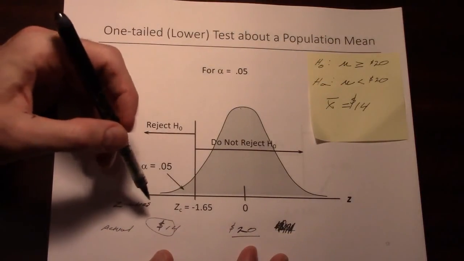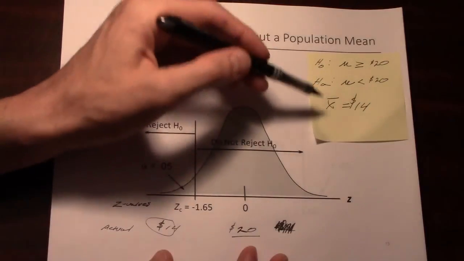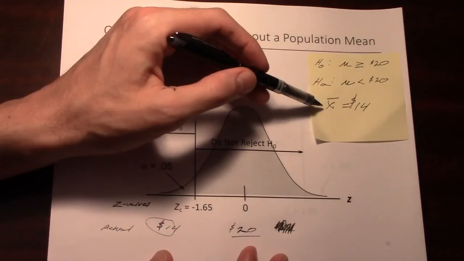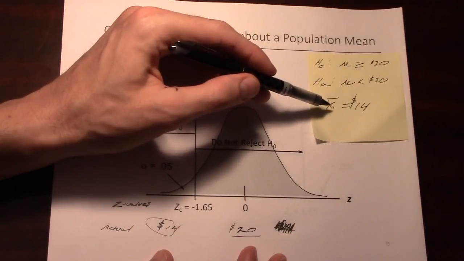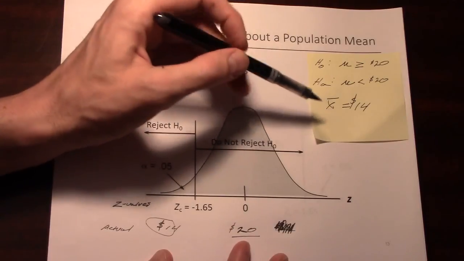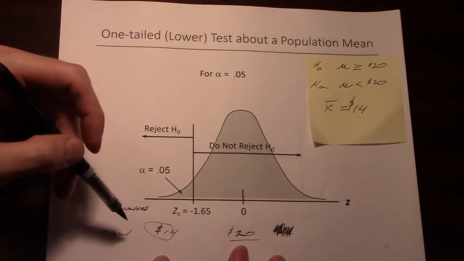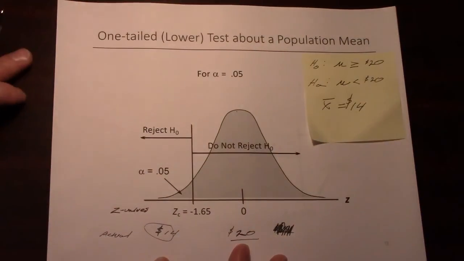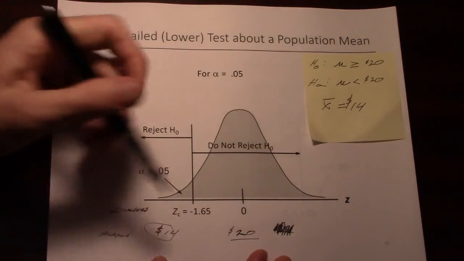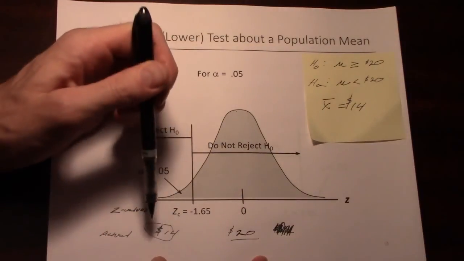Well, we're going to need to find out. So we're going to need to crunch that test statistic, that $14, find out how many standard deviations it is below the mean. And if it is more than 1.65 standard deviations below the mean, we're going to reject the null hypothesis.